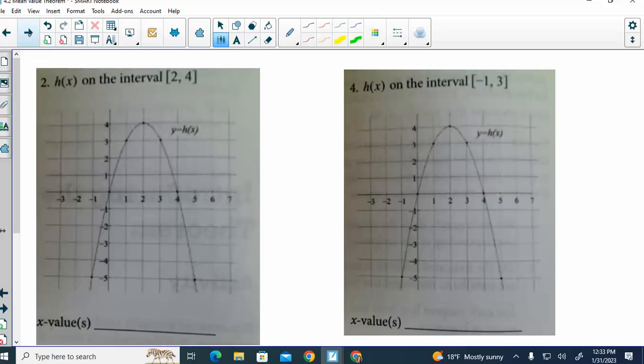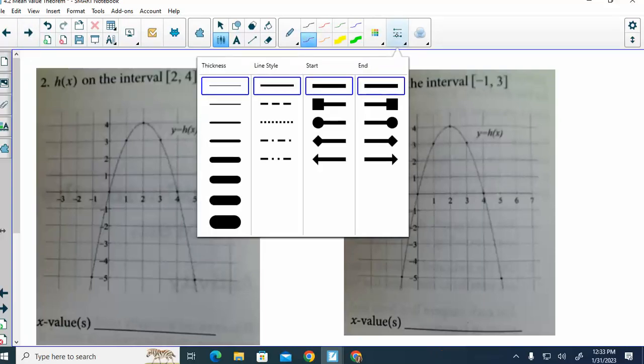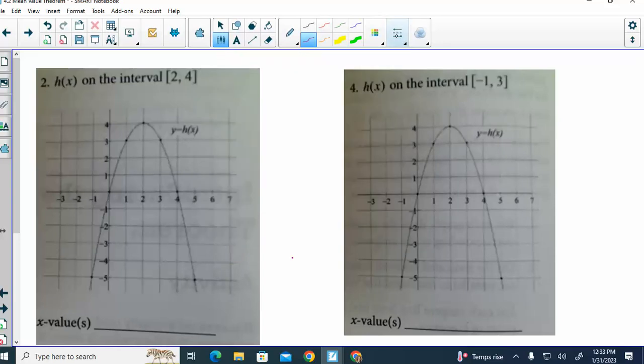All right, so I have given us a picture here. I want to look at this particular graph on the interval from 2 to 4. Can we maybe figure out where the derivative would be equal to this slope?